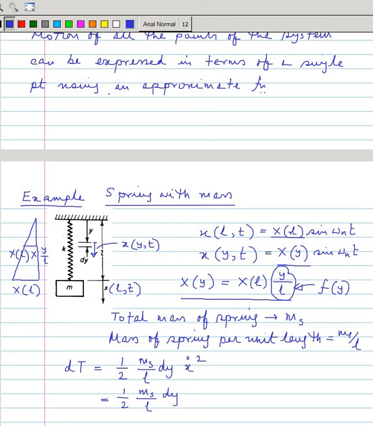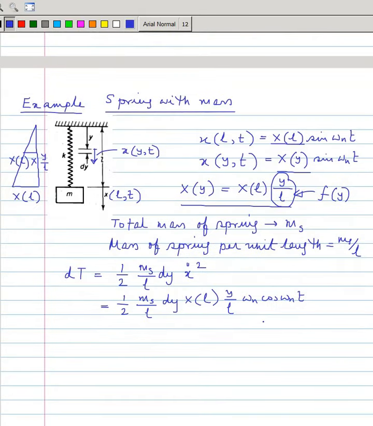So x dot squared, this will get differentiated: X_L into y by L and then ωn cos ωn t.